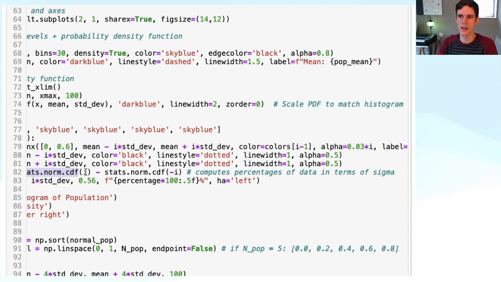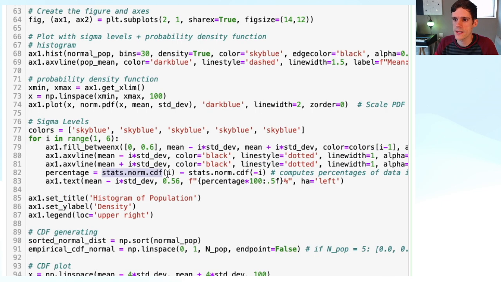Now, because i indicates the number in our for loop, so 1 sigma, 2 sigma, or 3 sigma, subtracting these two will compute the exact percentage of data that falls within the data interval of minus sigma to plus sigma, or minus 2 sigma to plus 2 sigma, and so on. And this is how we get these exact percentages.